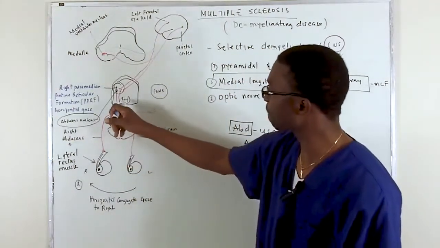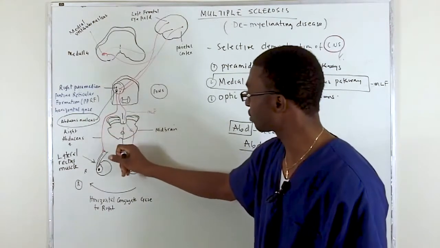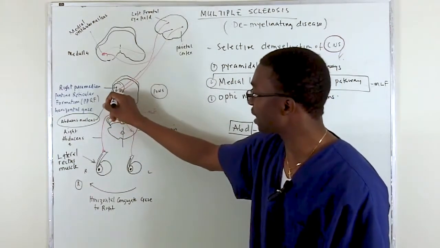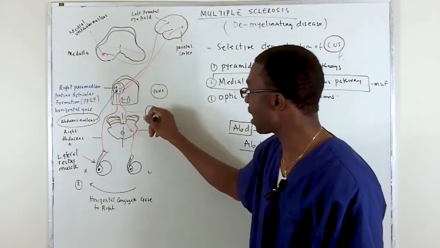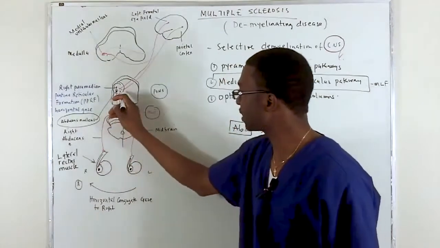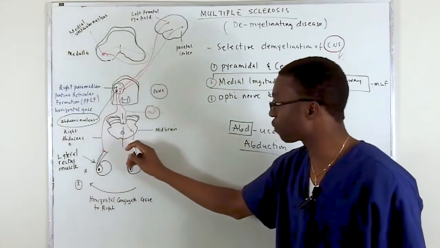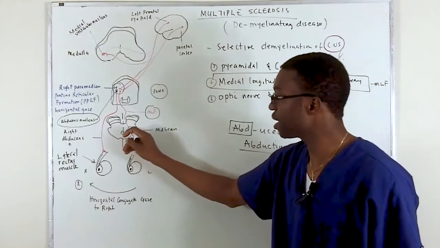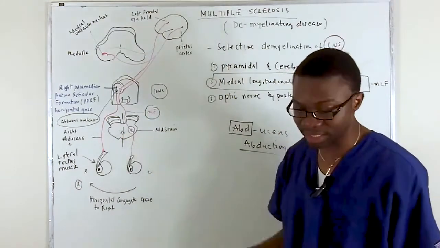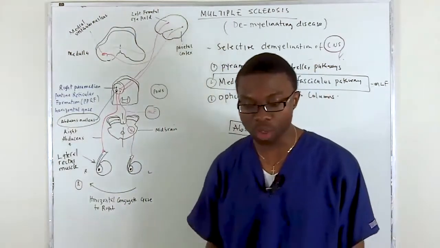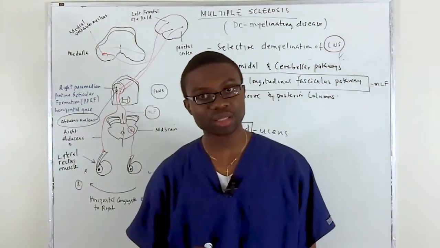Now let's take a look. This is the midline of the midbrain. The PPRF is now going to activate the MLF, the medial longitudinal fasciculus pathway, which is going to cross over. See how it crosses over to the midbrain. And what does it synapse with? Well, it's going to synapse with the oculomotor nucleus.